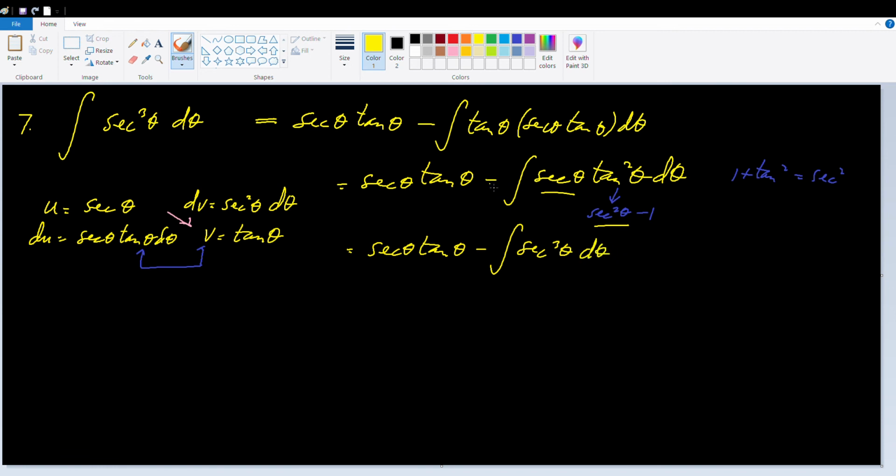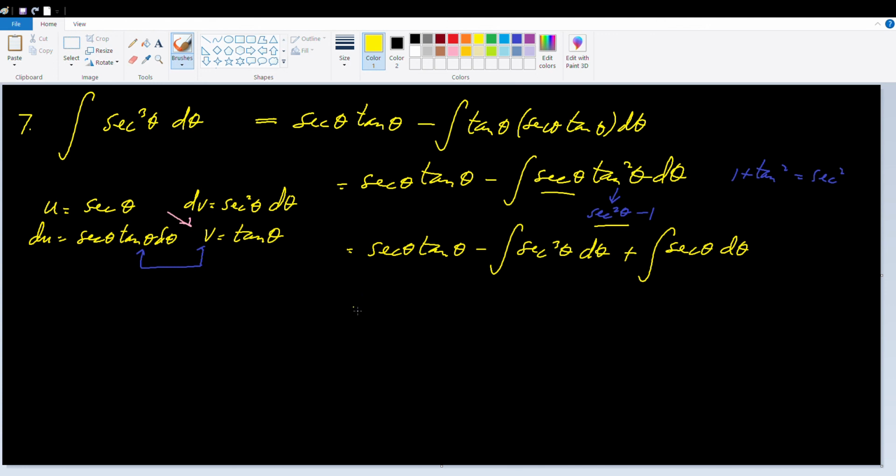Then negative times negative 1 will be positive integral of secant theta d theta. Tangent squared theta becomes secant squared theta minus 1, and we split this into two integrals, secant cube minus secant, preceded by a negative sign. So negative secant cube and positive secant.